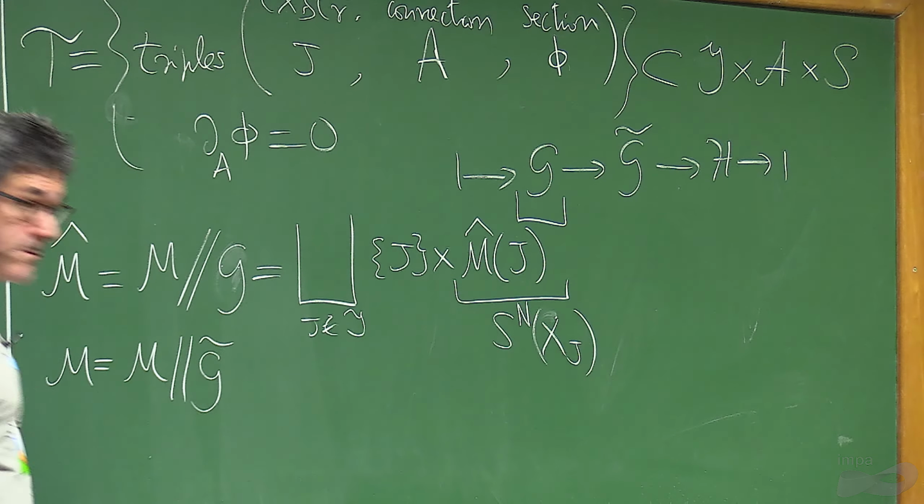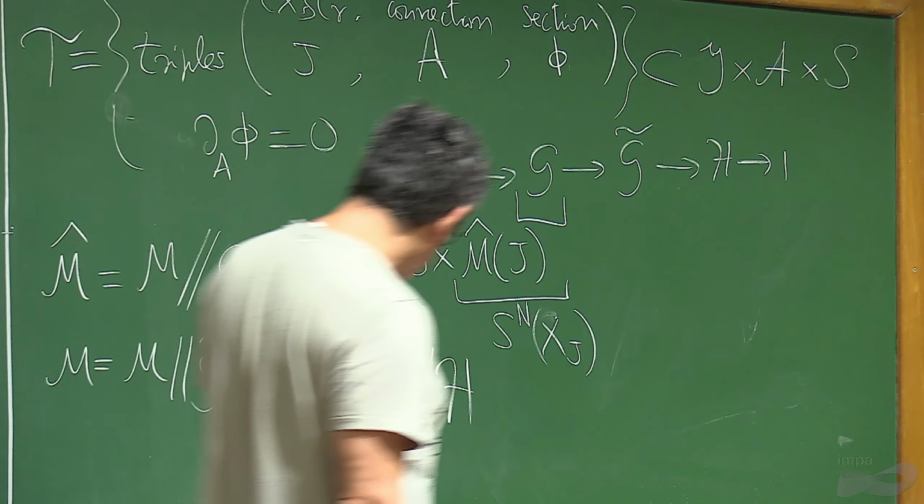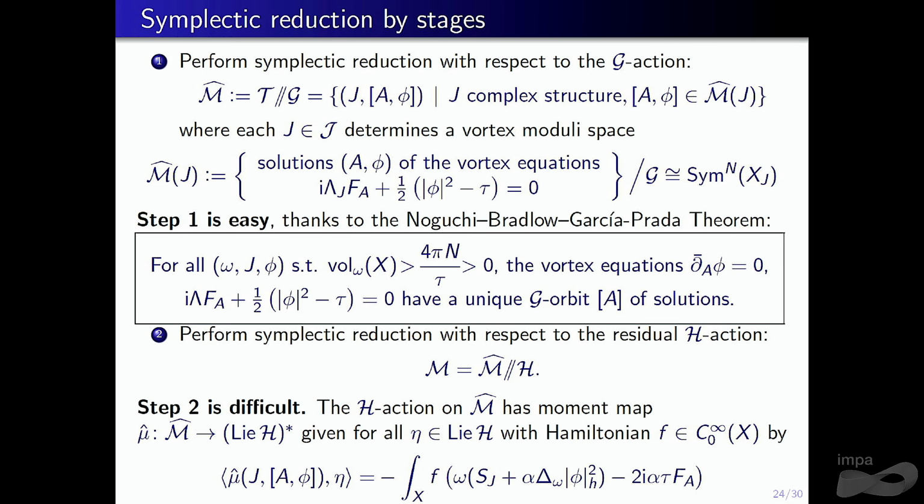And as I said, we can do it by stages. This is what I said is M hat. Okay. And okay, when you do symplectic reduction by stages, there is a residual action of the quotient group and the moment map. The moment map is this, okay? I mean, it's just part of the moment map we started with.